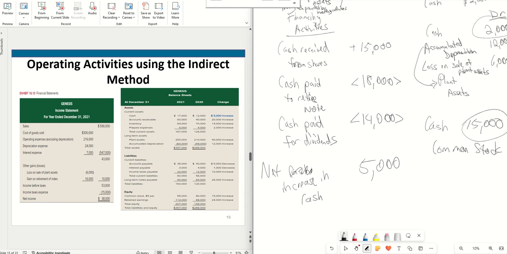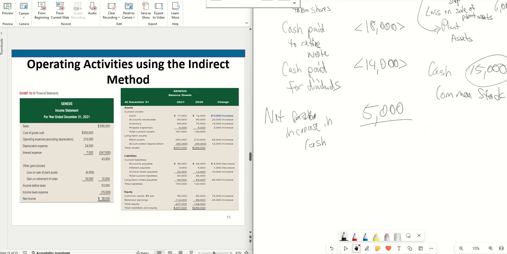So this is including net income, plus or minus non-cash items, plus or minus current assets, plus or minus current liabilities in the operating activity section, plus investing activities, plus financing activities. That gives us the $5,000. And you can see here on the left side of the balance sheet, in 2020, we started off with a cash balance of $12,000.